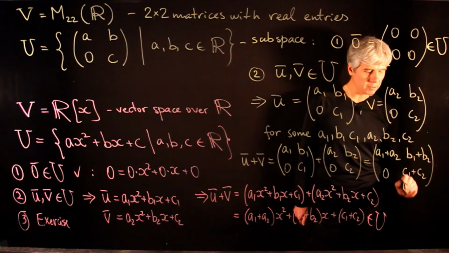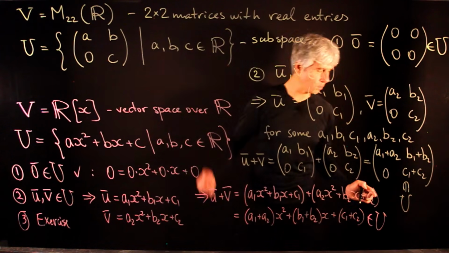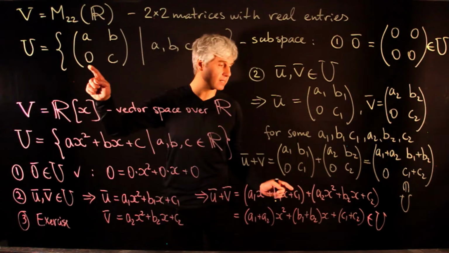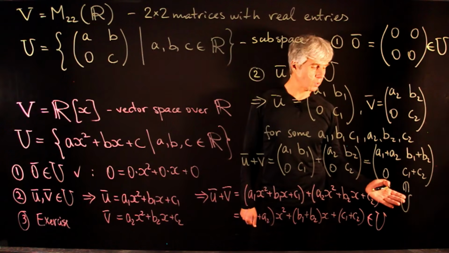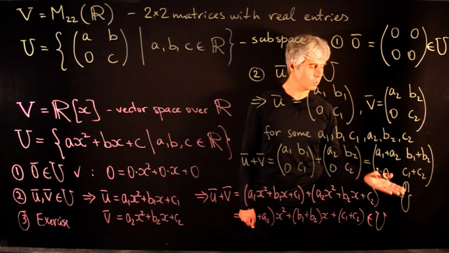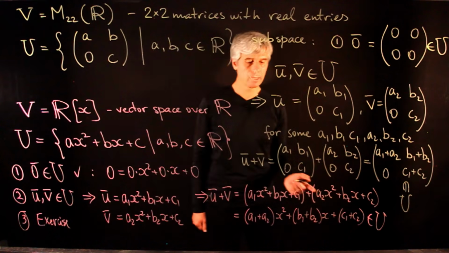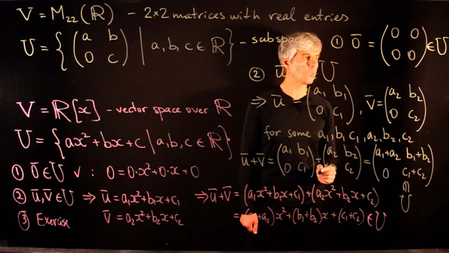And what we see is that the result is again in our subset, because the result again has 0 in the bottom left corner. So this means that the resulting matrix conforms to the same pattern, so it is in the subset U. And so we see that the second property of a subspace holds.